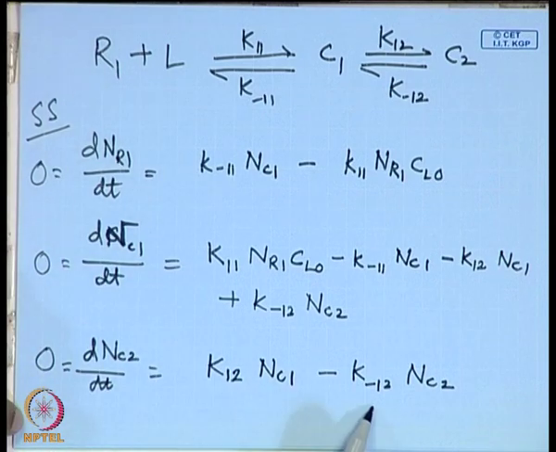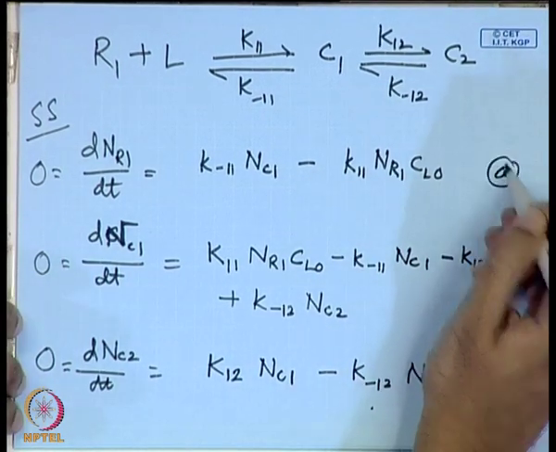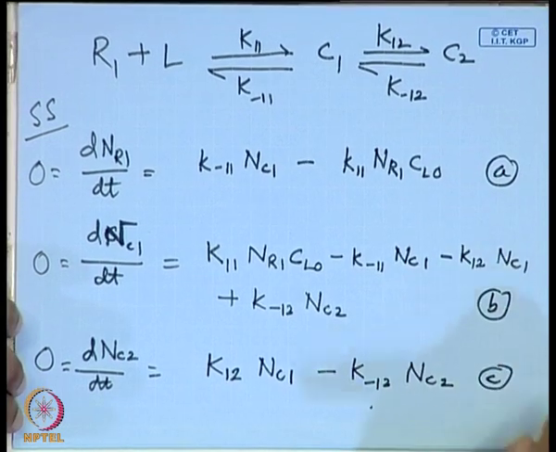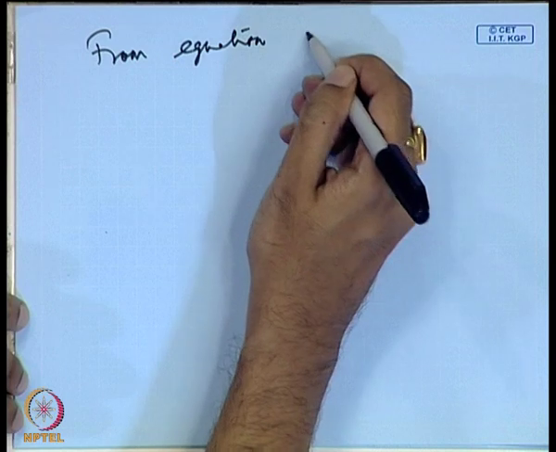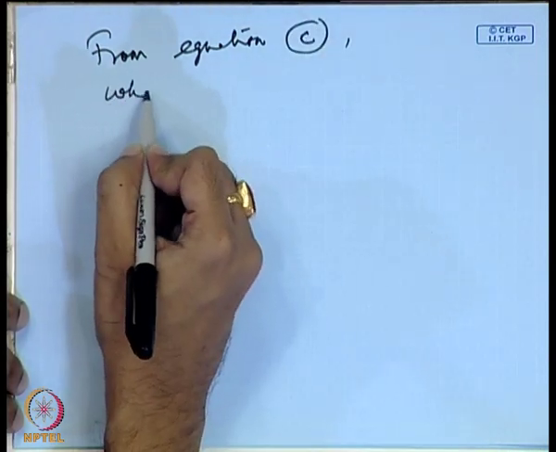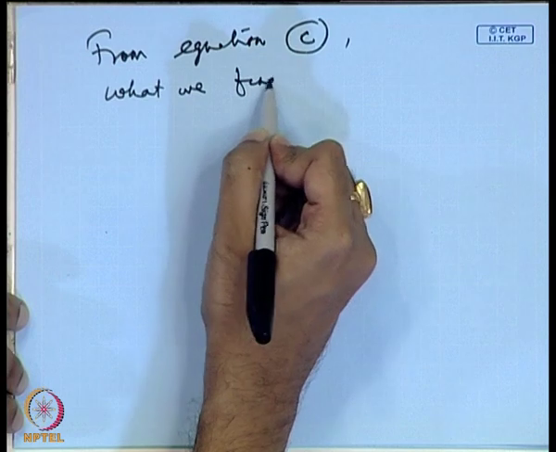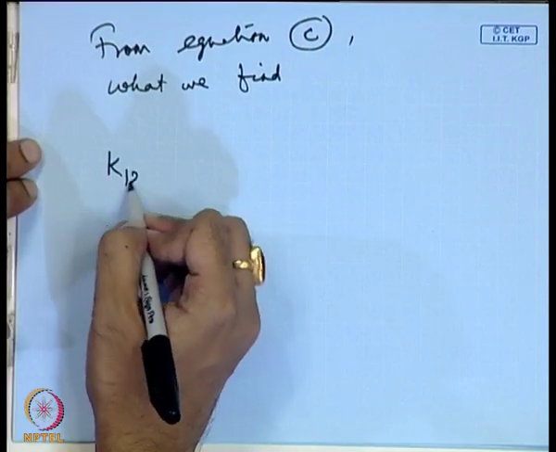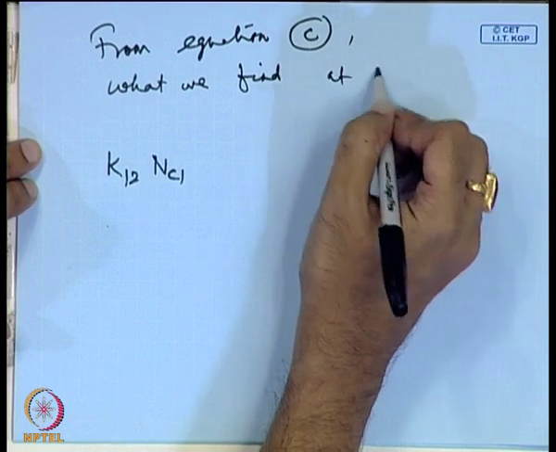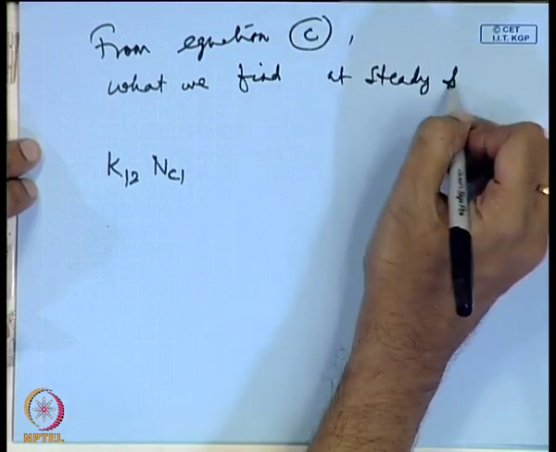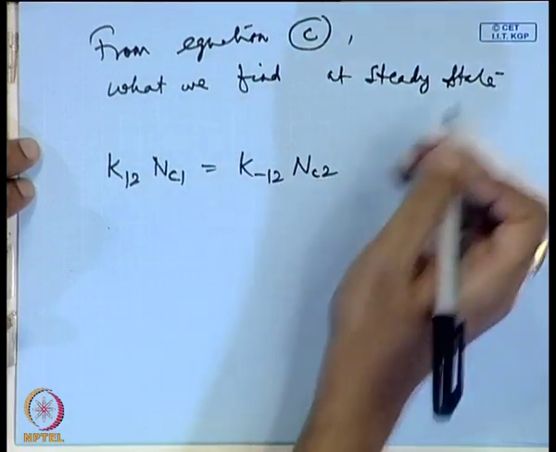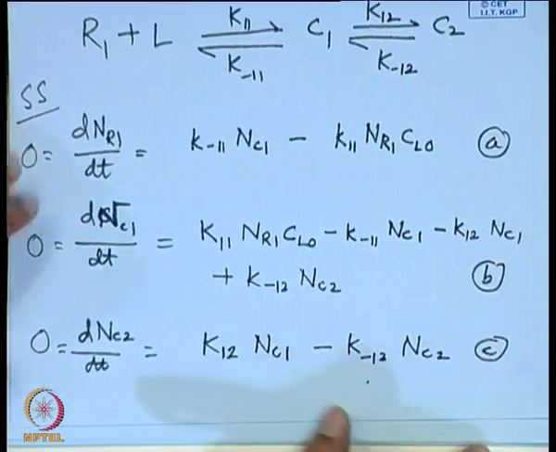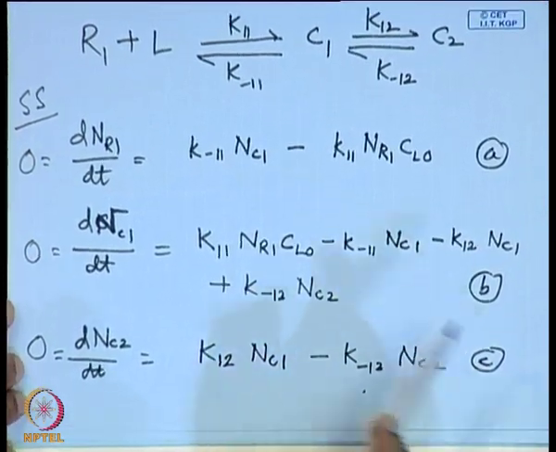Let us call these equations A, B and C. Then from equation C, what we find is k12 NC1 at steady state equals k minus 12 NC2. Let me go through this again. These are my model equations, the dynamic model.